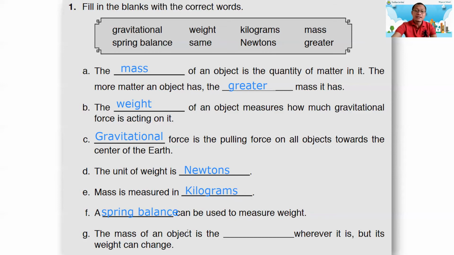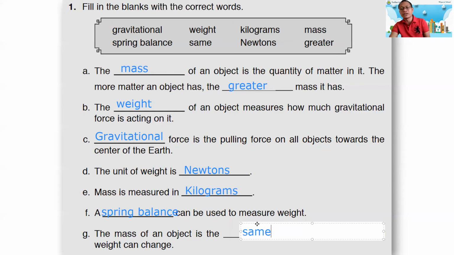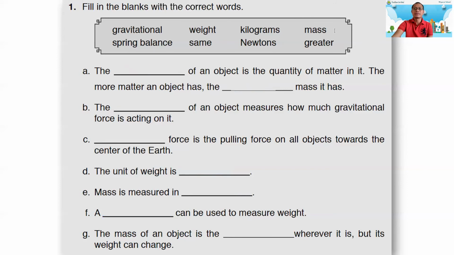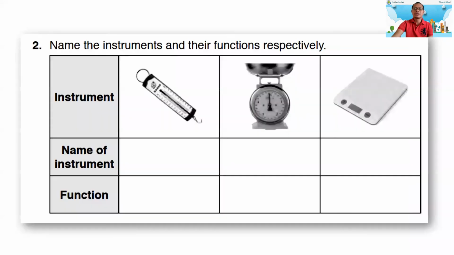It's the same. Our mass is constant wherever we are, wherever we go, but the weight changes. So that's it for number 1. Now let's move to number 2.